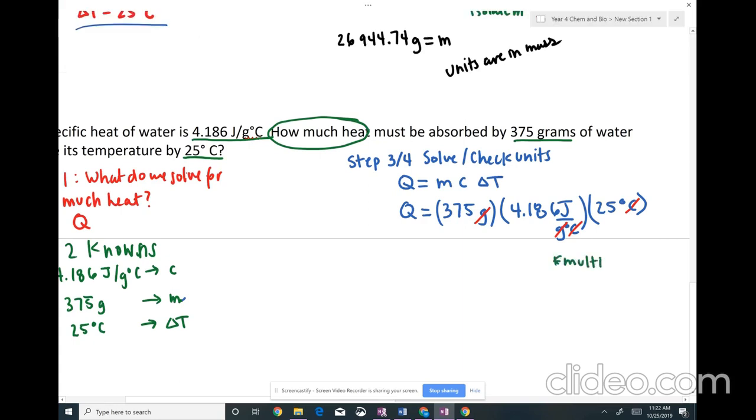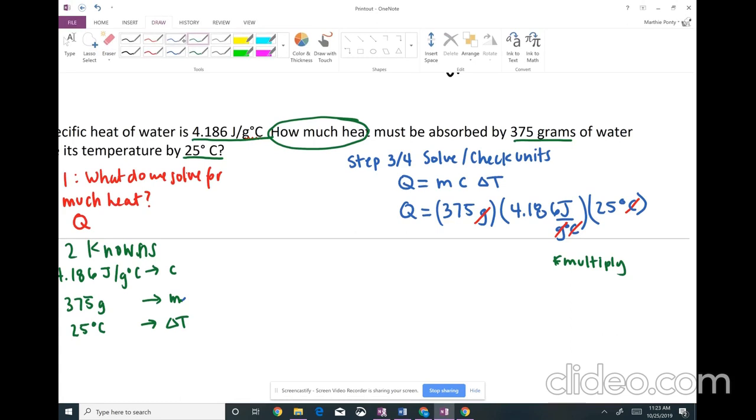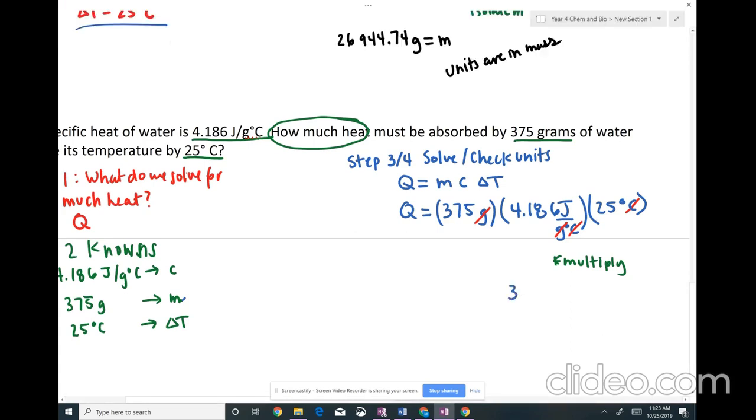If I multiply this real quickly, 375 times 4.186 times 25, I get about 39,000. So I will have 39243.75 joules is equal to Q.